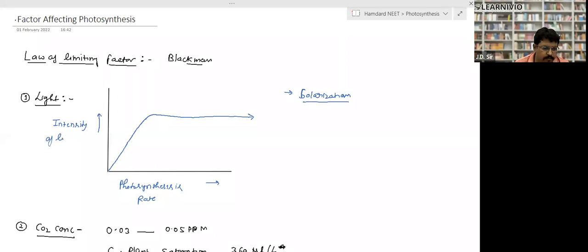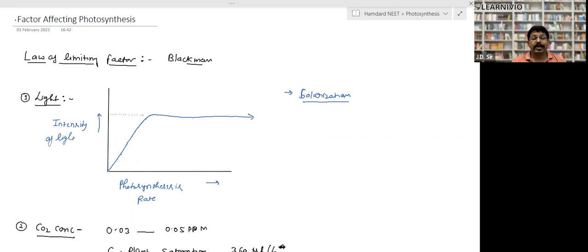Look, if intensity of light is increased, the rate of photosynthesis will increase, but up to a certain limit. After that limit, if you increase the intensity of the light more, the rate of photosynthesis will not increase.